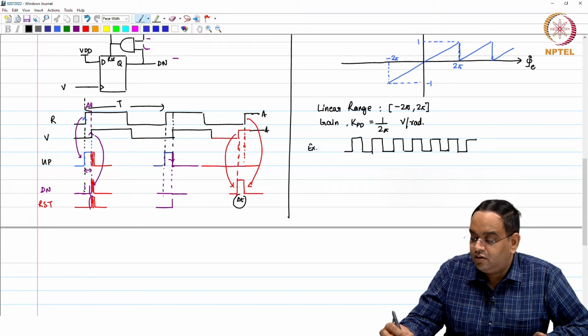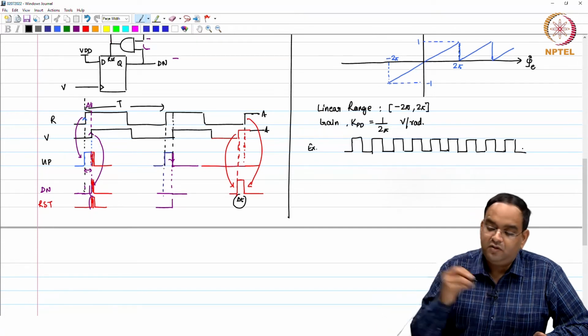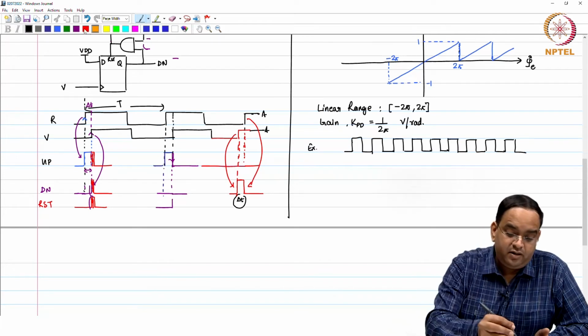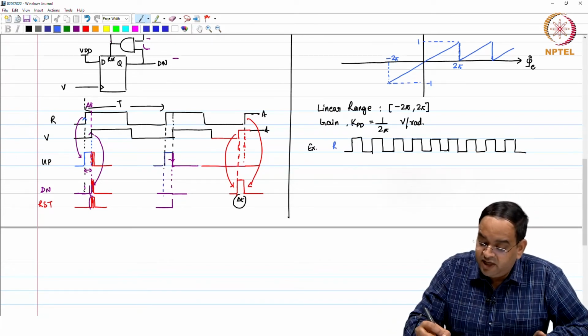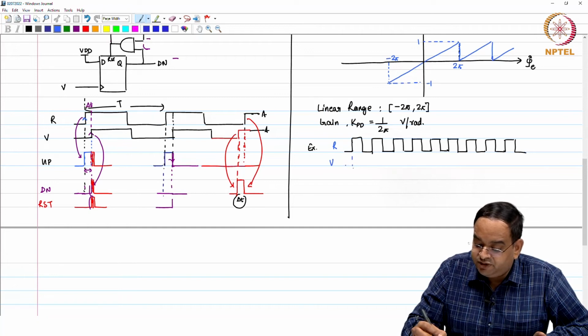Fine, and this is my R signal and my V signal happens to start at the same point, but then it looks something like this.